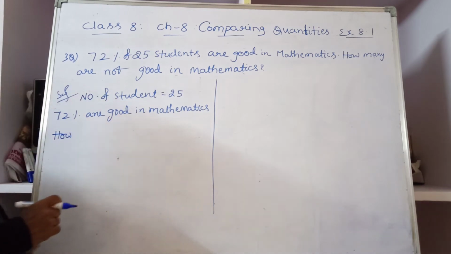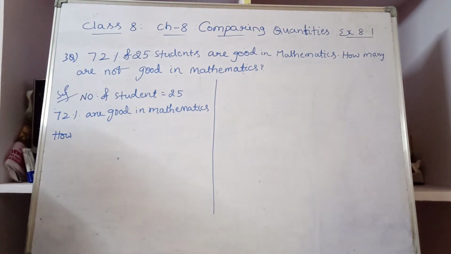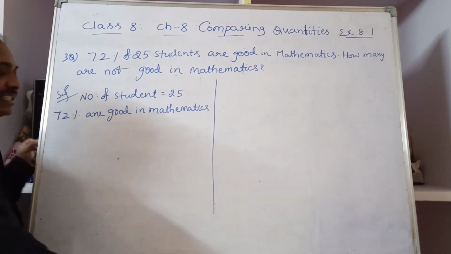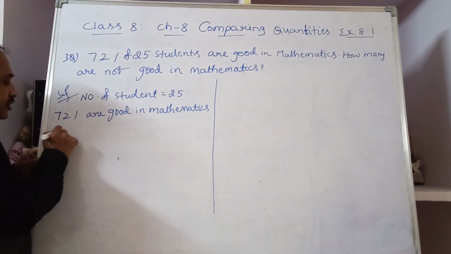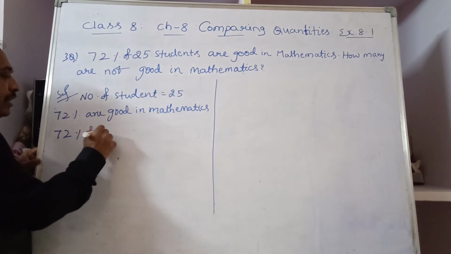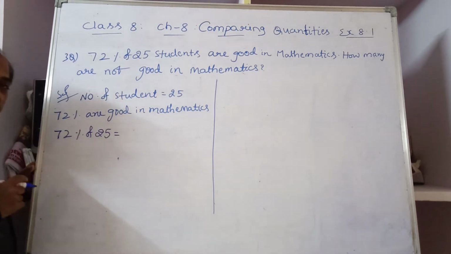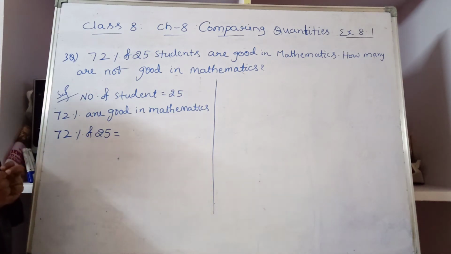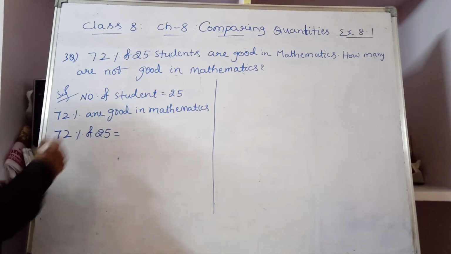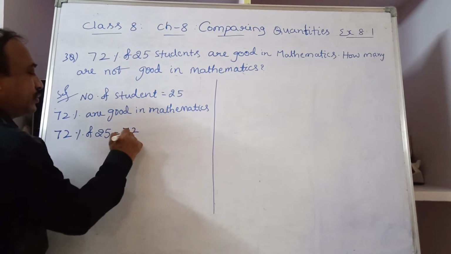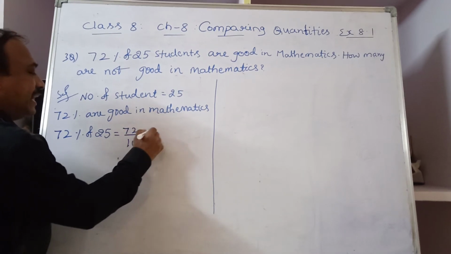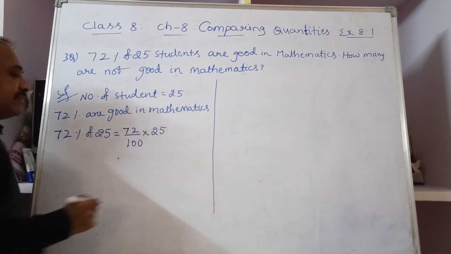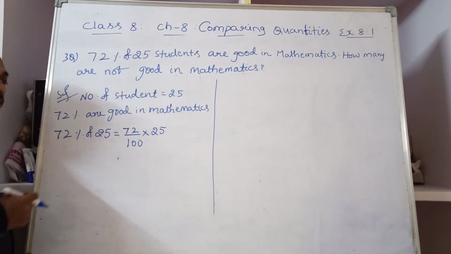So first we calculate what is 72% of 25. Of meaning is what? Already we learned in the 7th class, of means into 100. So 72% is 72 by 100 into 25.